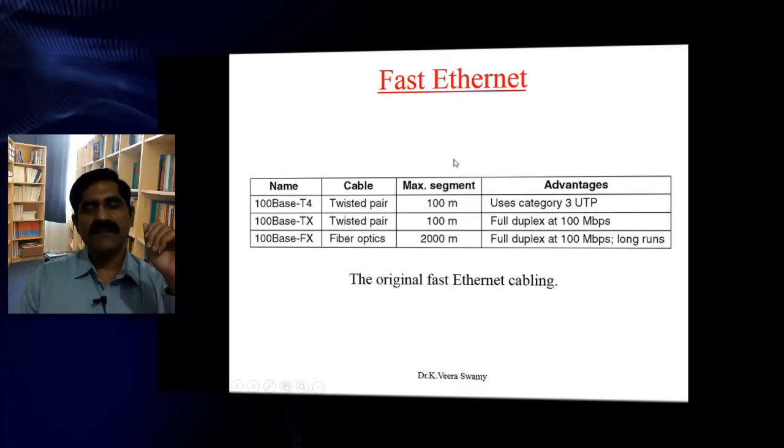When you go to higher data rates, cabling automatically plays a vital role. Generally, we use either twisted pairs or fiber optics. Based on the capacity of those twisted pairs and fiber optics, we can transfer data at a high data rate.